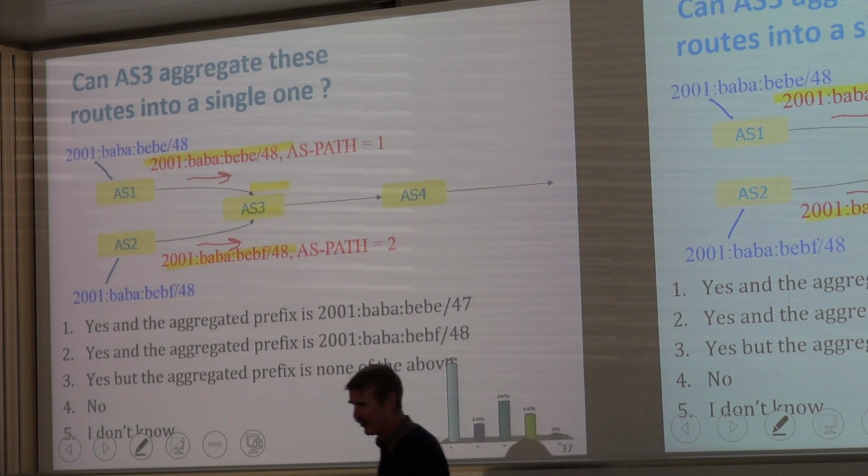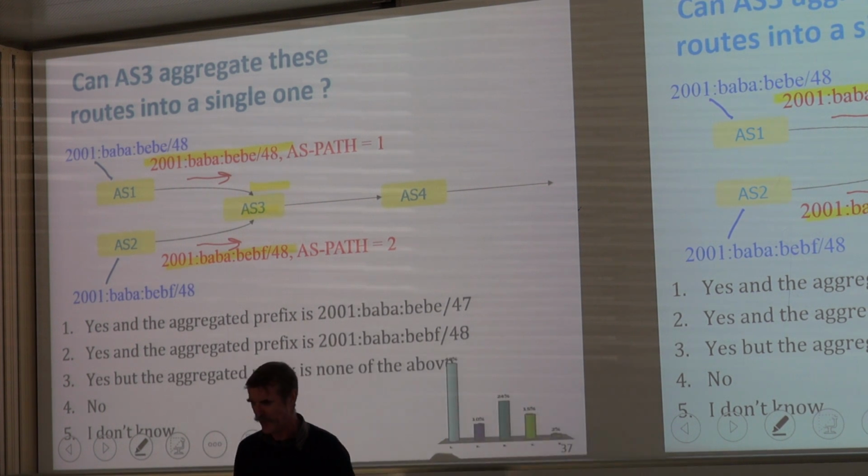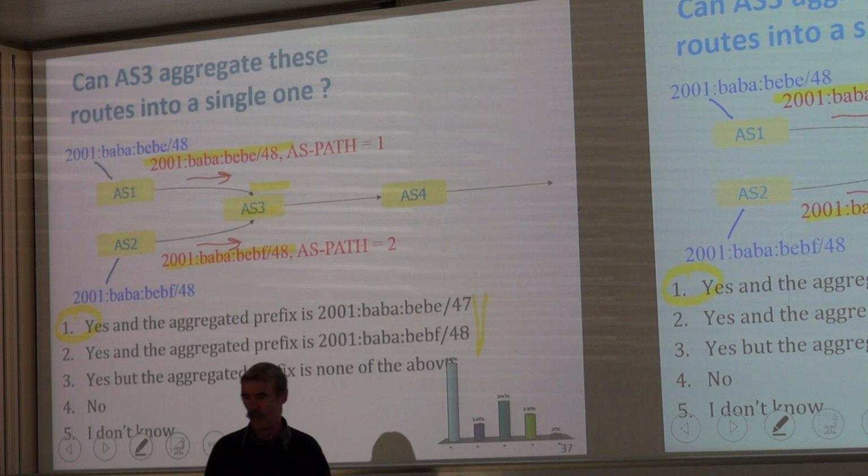Otherwise, I admit it's a bit more difficult. But the answer is yes, here they can be aggregated. Those two prefixes are in fact contiguous, and they can be put together as one /47, which means we ignore the last bit.